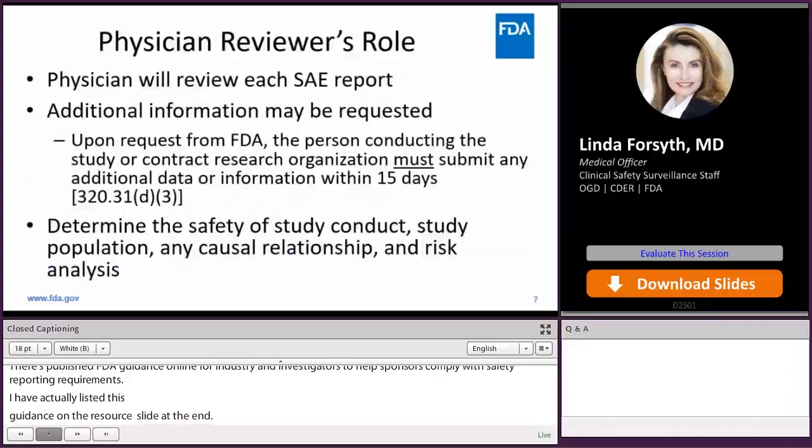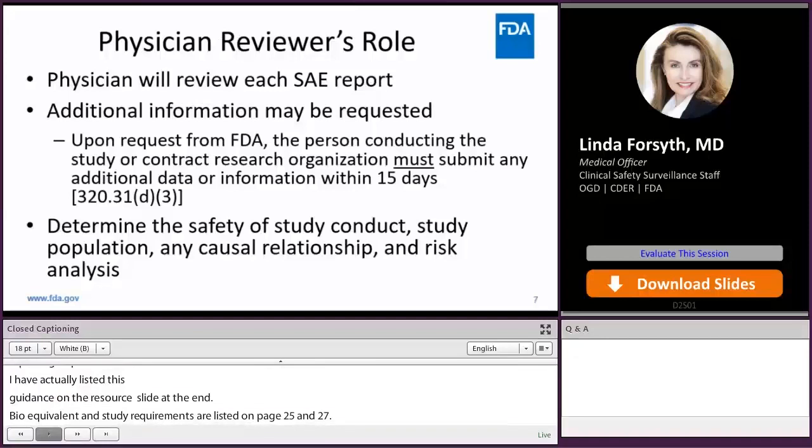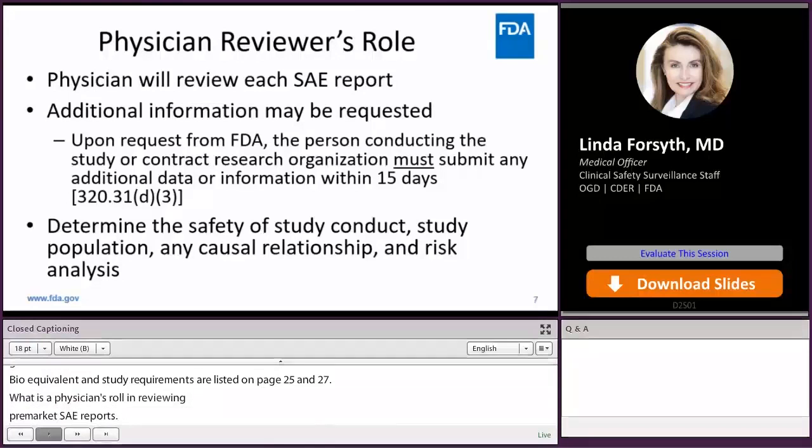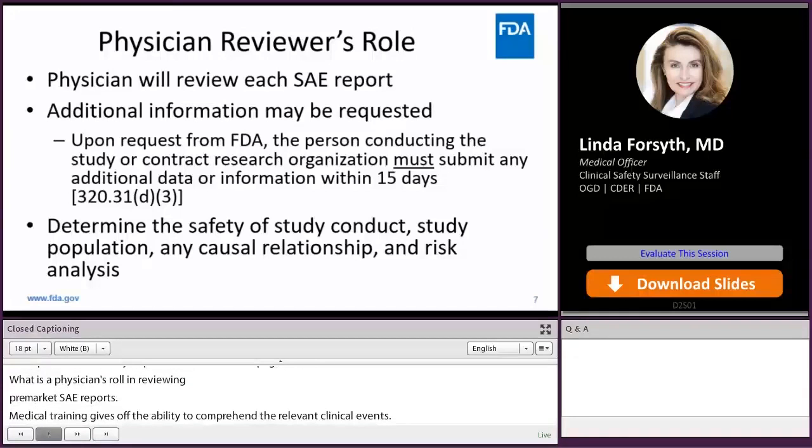So what is the physician's role in reviewing pre-market SAE reports, and why have physicians review these reports? Medical training enables expedited and targeted review of SAEs and gives us the ability to comprehend the relevance of the clinical events. A physician is assigned to an SAE, and a medical doctor will review each individual report in detail.